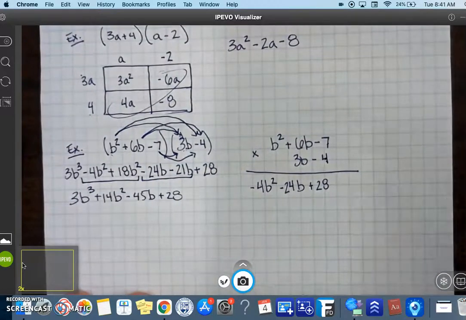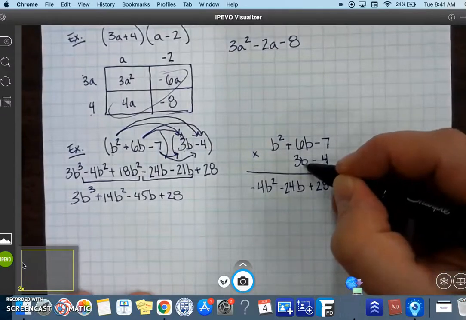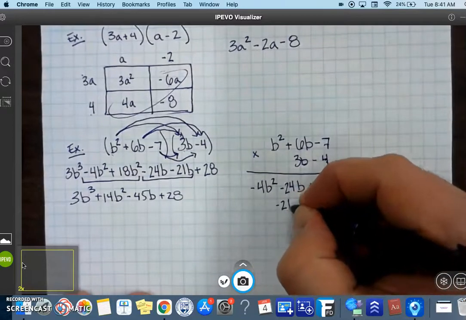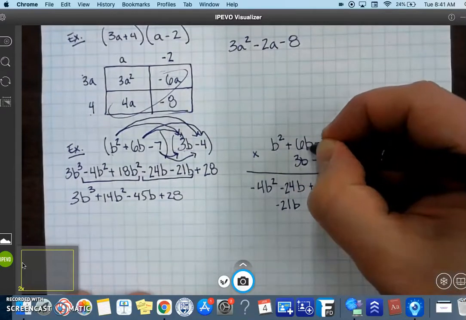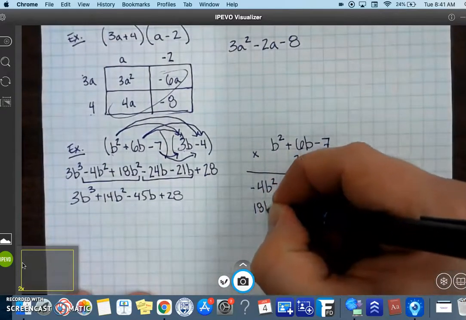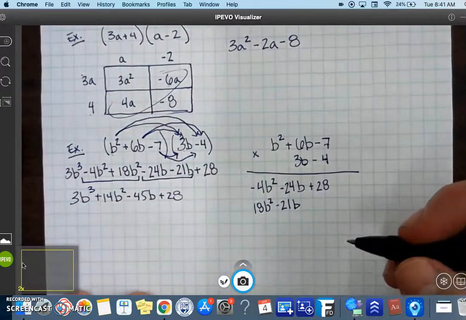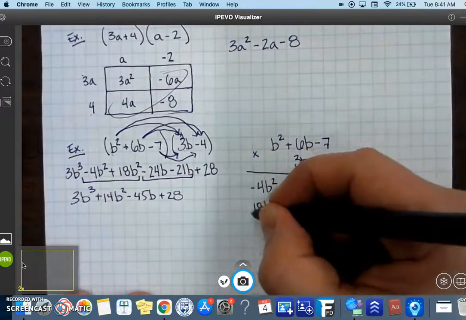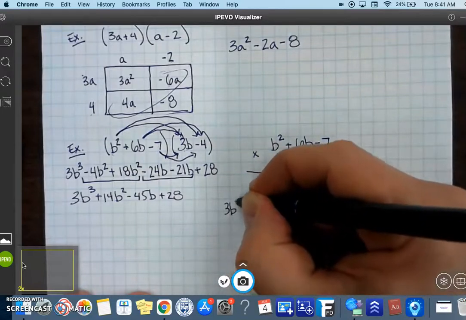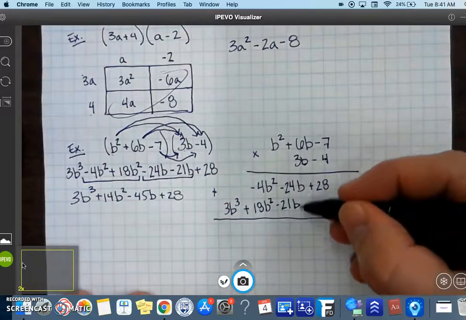Then, just as we would in multiplication, we've got to skip the blank face value, and we're going to go here. 3b times negative 7, negative 21b. 3b times 6b squared is 18b squared. 3b times b squared is a positive 3b cubed. Alright, and you'll notice here that I made it so that the b's line up, the b squareds line up.